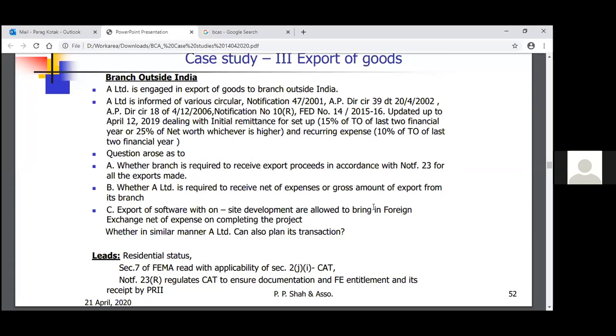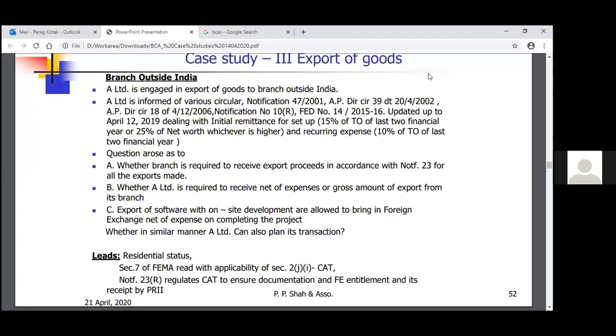Which is case study 3 on export of goods and services. The question is, whether a branch is required to receive export proceeds in accordance with Notification 23 for all the exports made to a branch outside India of an Indian exporter.